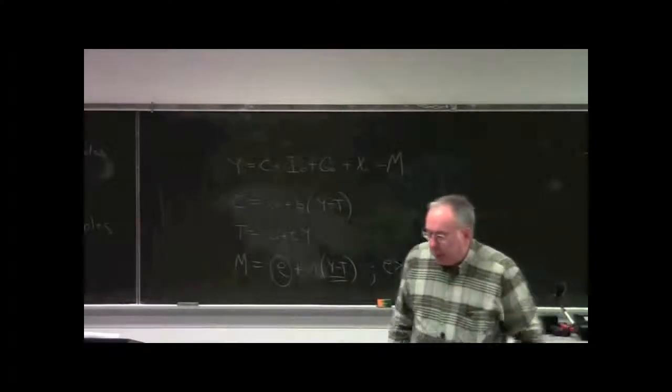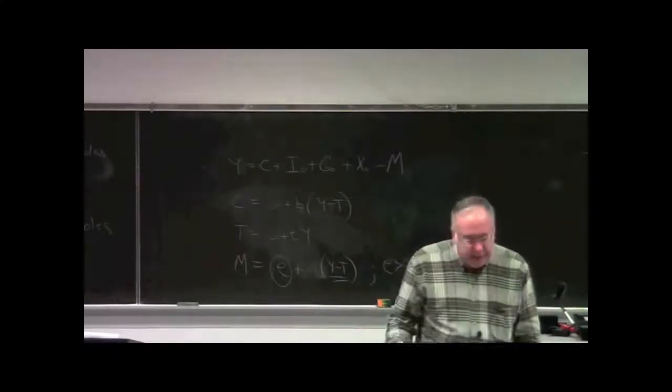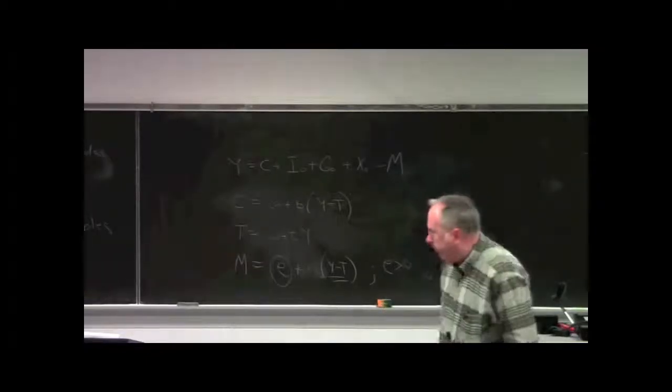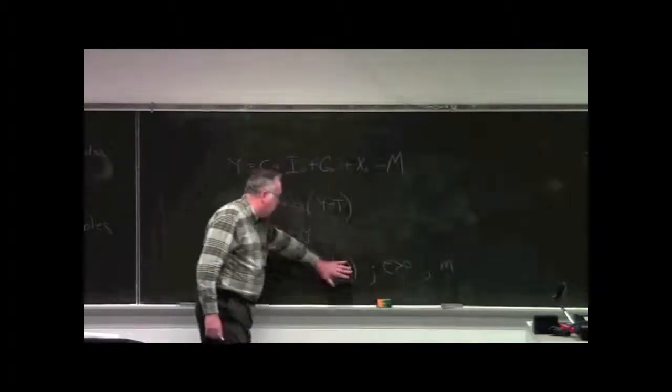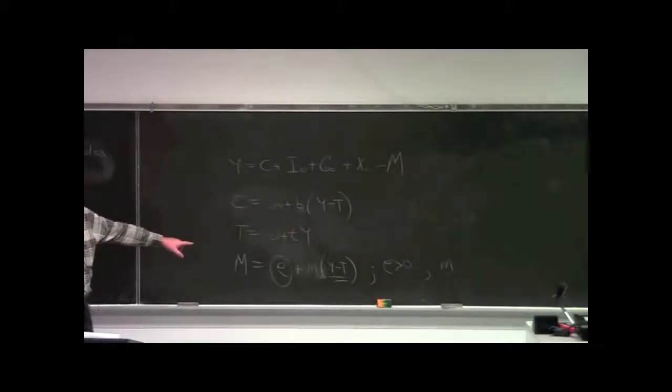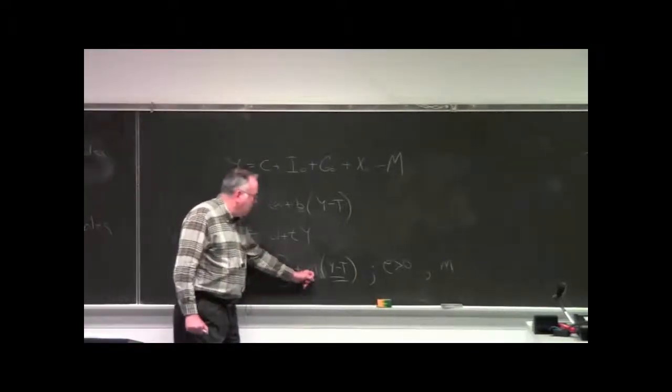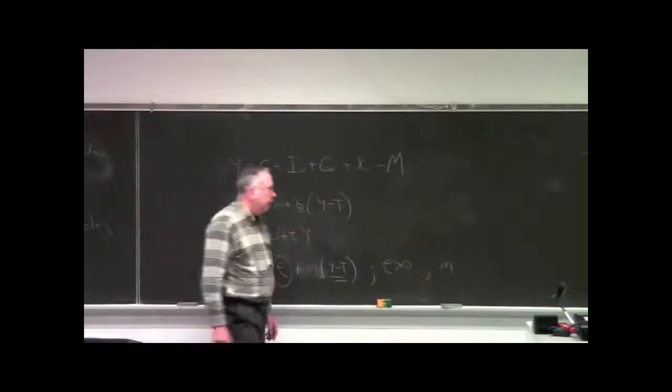So little m has the same interpretation, only it's in the import function. So if disposable income were to rise by $1, then imports would rise by what? M. So this is the marginal propensity to import.